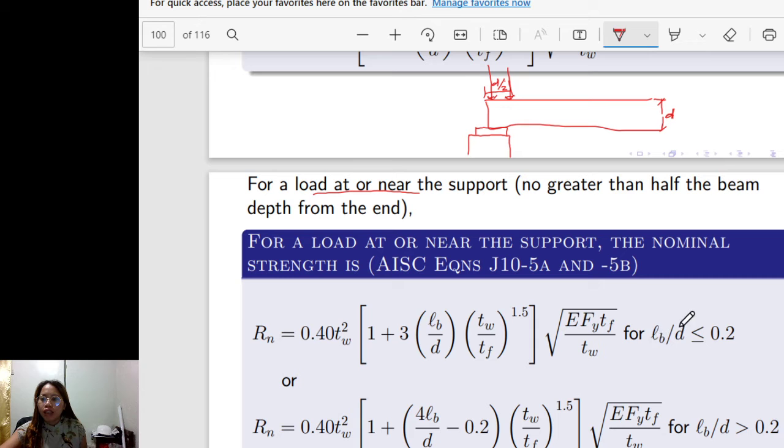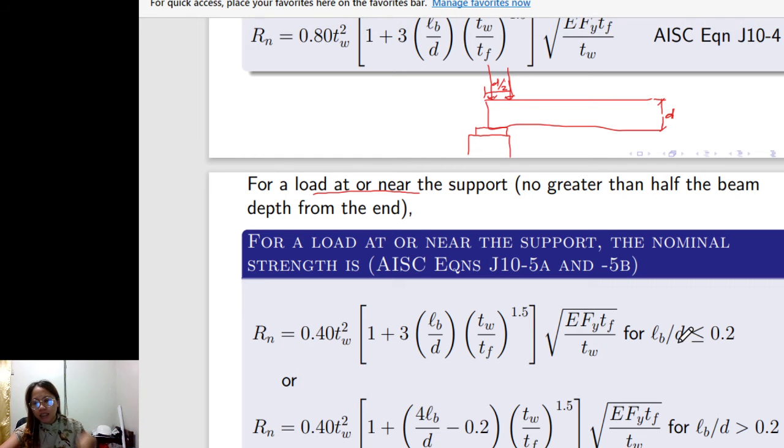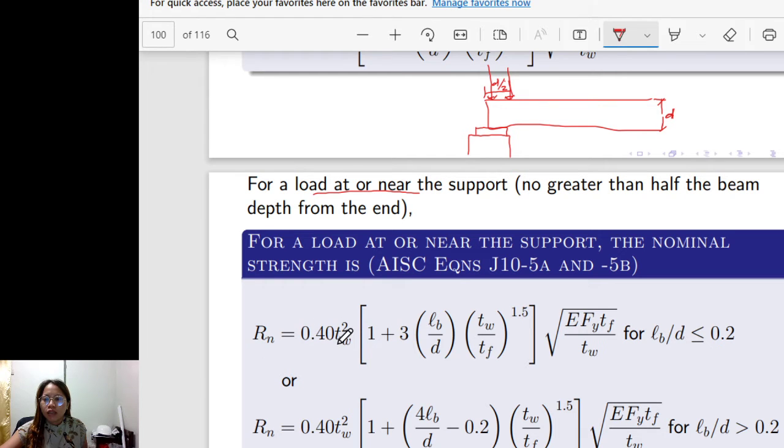For the bearing length L sub B over D, the depth of the beam or wide flange, less than or equal to 0.2, the nominal strength is equal to 0.4 times the web thickness squared times 1 plus 3 times the ratio of bearing length over D times the thickness of the web over the thickness of the flange to the power of 1.5, times the square root of E F sub y, times the thickness of the flange over the thickness of the web. This is for this condition.